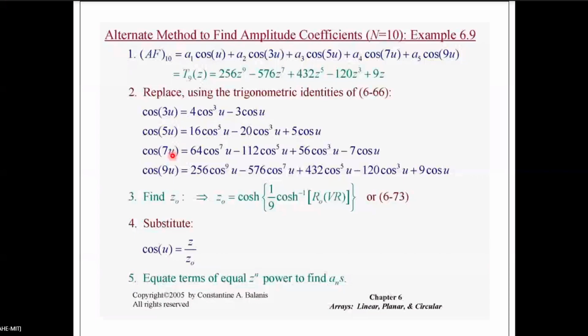Yes, sir. See, m equal to 0, cos mu, you can note down. Small m is 1 less than the number of elements in the array. So for m equal to 0, cos mu is equal to cos 0 is equal to 1.